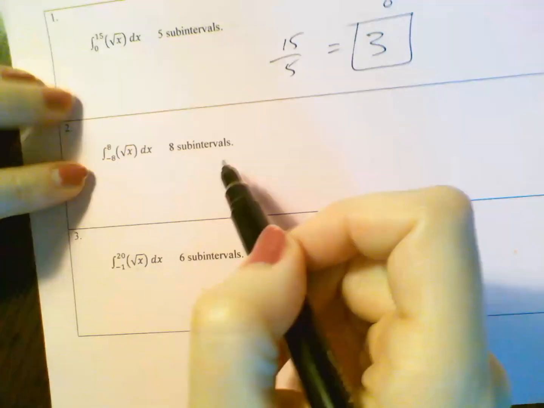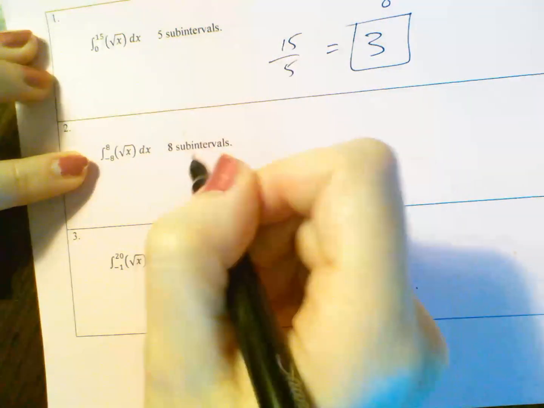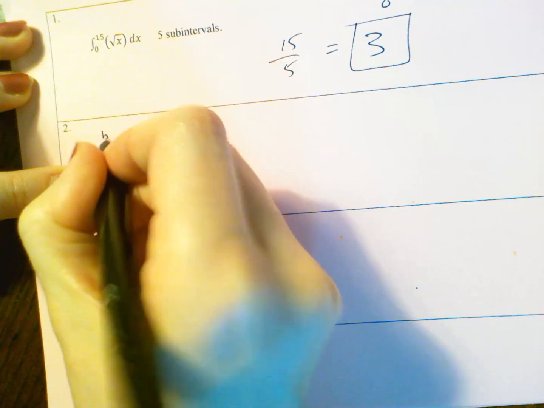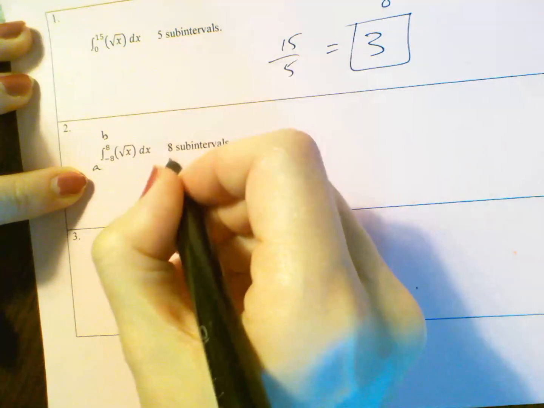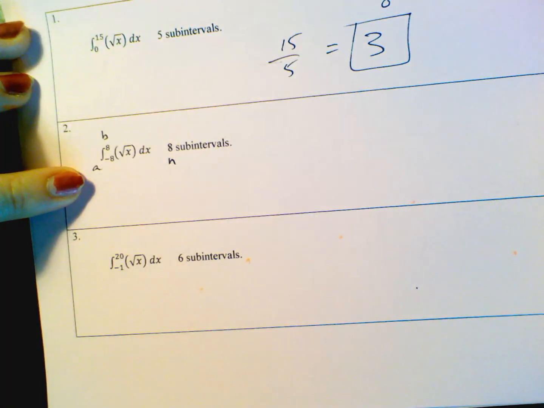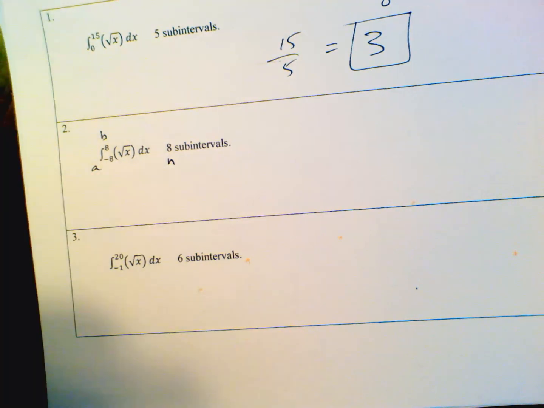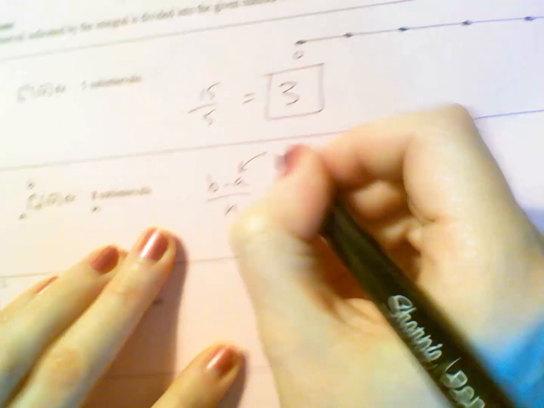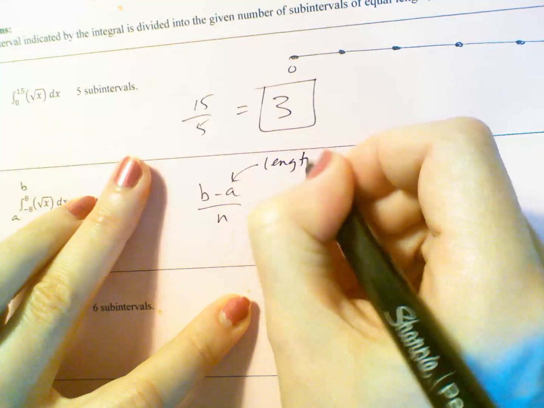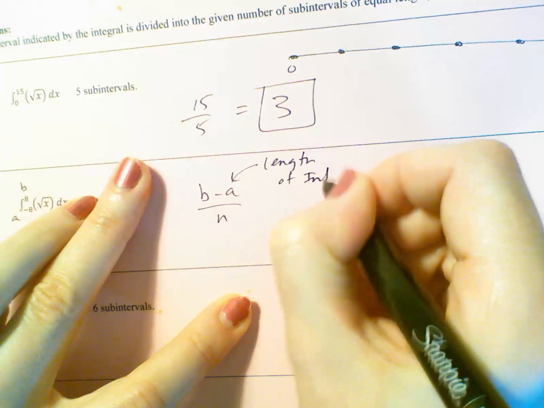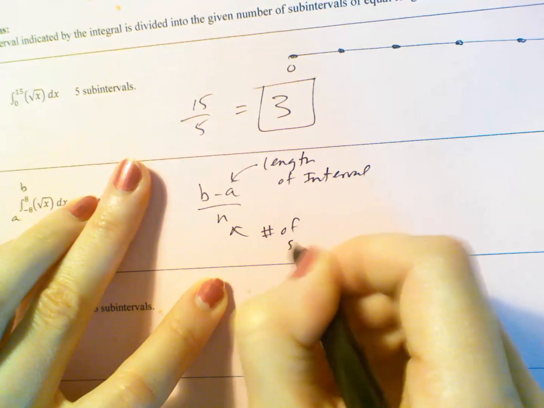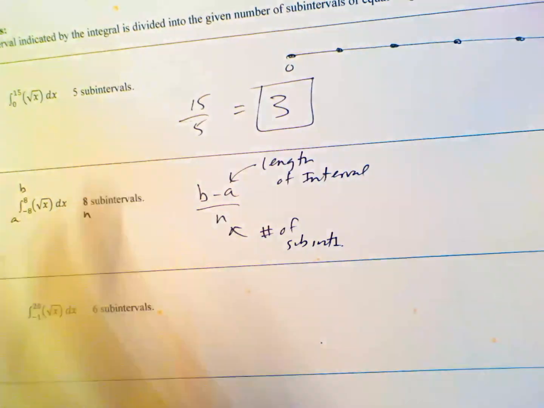Now there's another way of doing this, guys. Let me show you a faster way. Let me call this bottom endpoint A, the top endpoint is B, and then the number of subintervals is N. The formula for the length of a subinterval would be B minus A over N. This is the length of the interval, and then this is the number of subintervals.